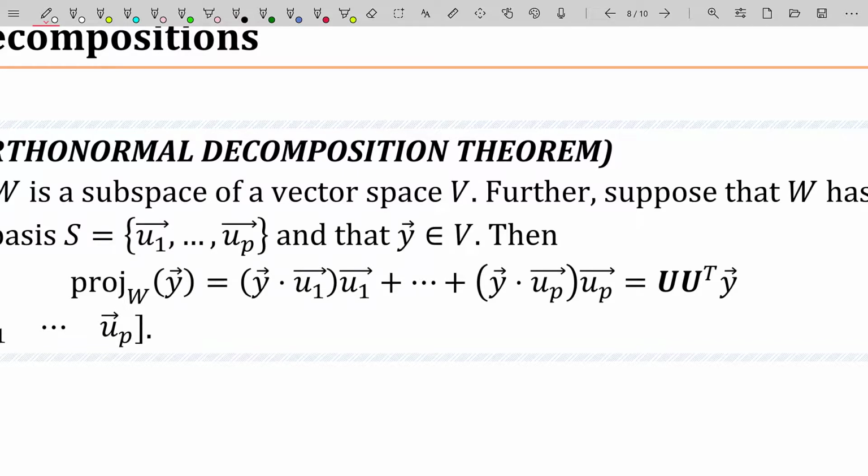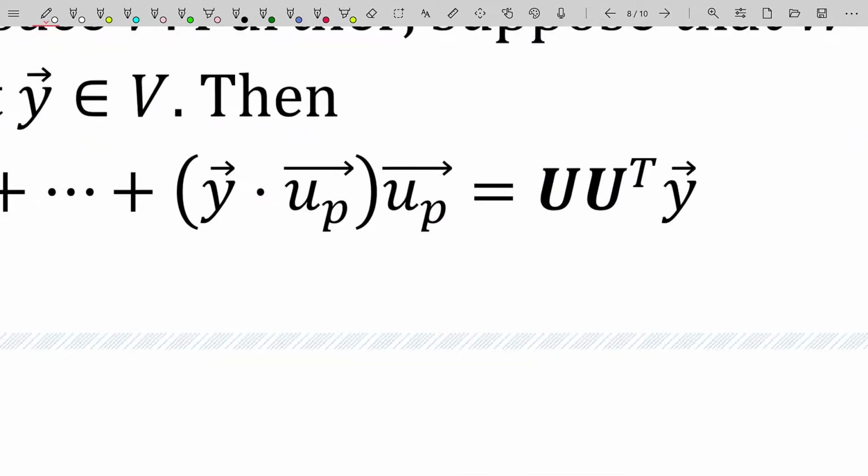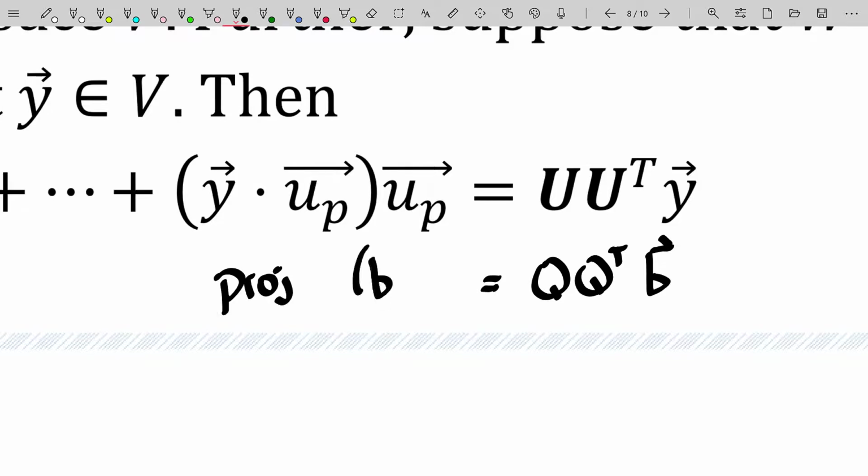Now think about what we just did. We had Q times Q transpose times B. Well, that means that that's the projection of B onto the space spanned by the columns of Q. So we're going to use that right now.